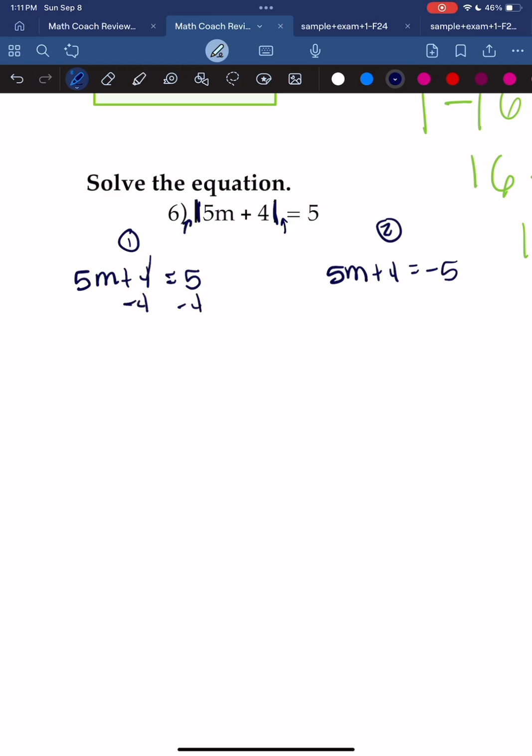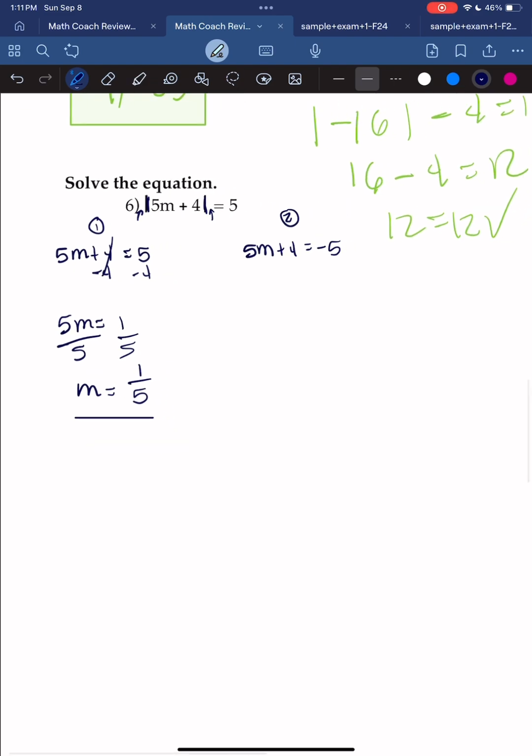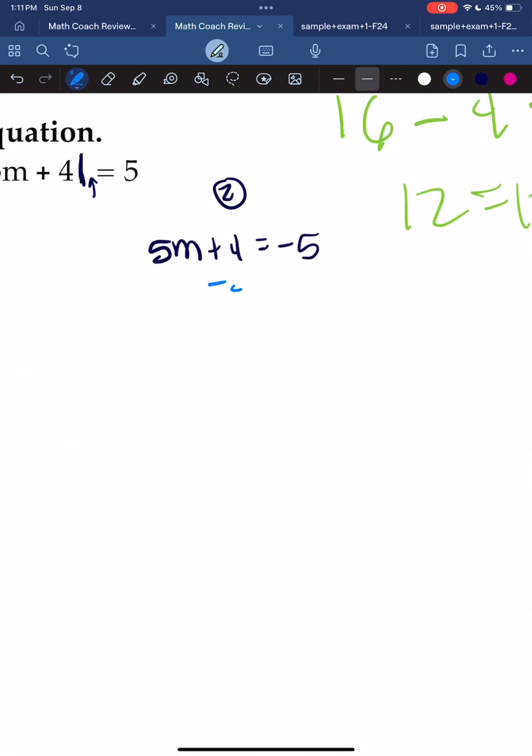Okay, minus 4, 5m equals 5 minus 4 is 1. Now we divide by 5. M equals 1/5. Okay, so that's our answer for now, and let's solve the other equation.